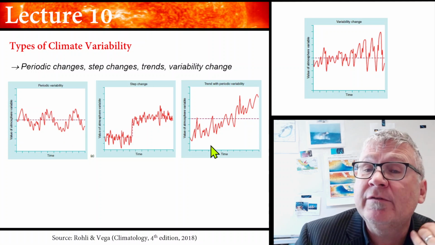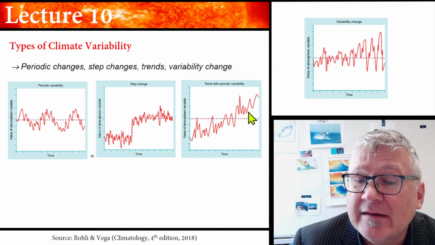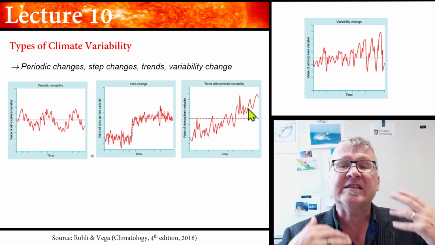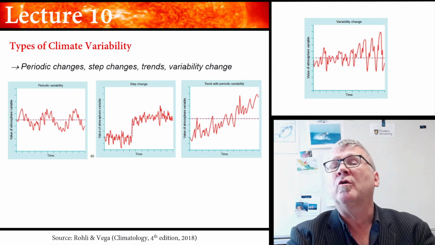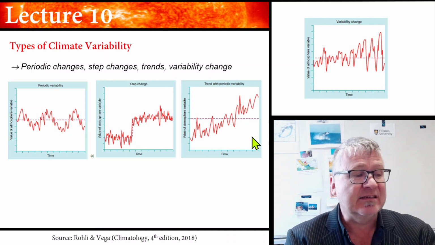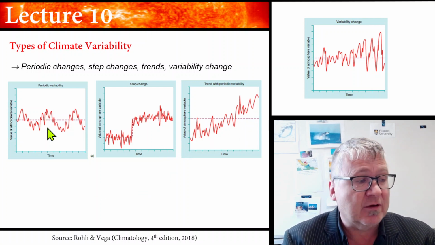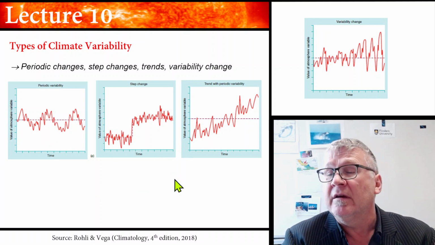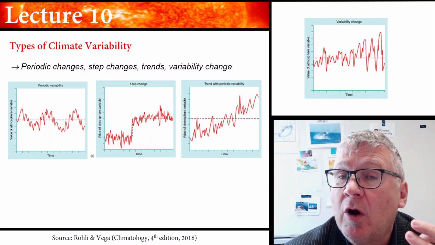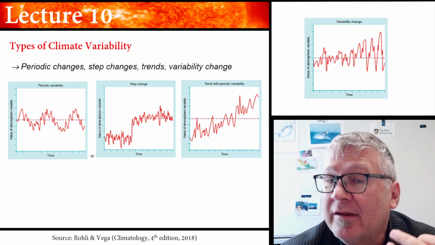So the use of the word trend can be misleading, because by trend you somehow think that it will be continuing into the future, and it always has existed in the past, which is not the case if you look at the periodic variability.